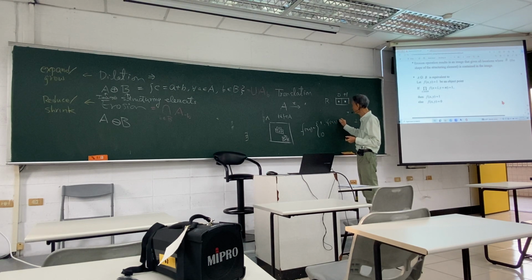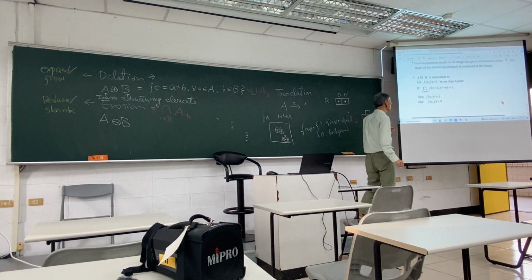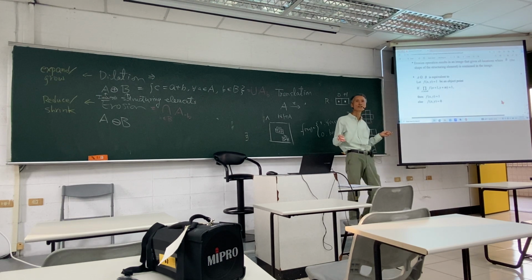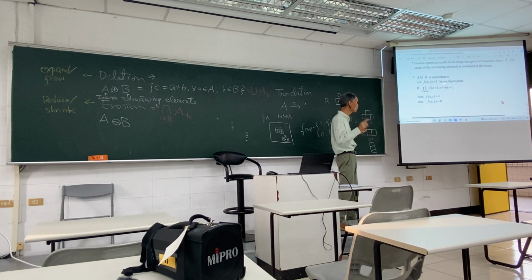If xy is an object point, now if it's background, it will be 0. So when we take the multiplication, which means any one of its neighbors is 0, then the outcome cannot be 1. That's it. That means all its neighbors must be a part of the object, which means whenever we check an object point xy, we need to make sure all its neighbors are also a part of the object.